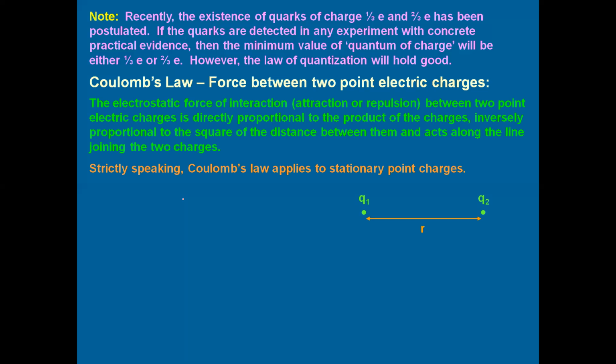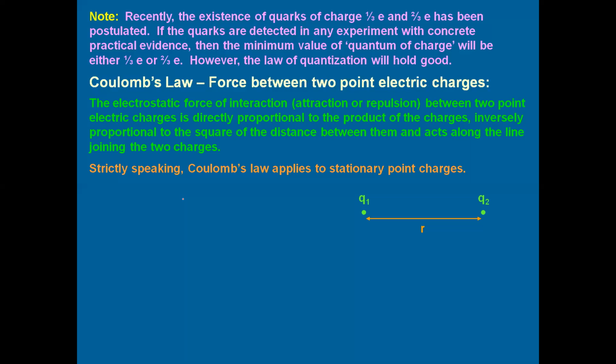Then, according to the statement of Coulomb's law, when these two charges are placed at a distance r, they can have a force of attraction or repulsion, and the magnitude of force will be directly proportional to the product of the charges and inversely proportional to the square of the distance between them.